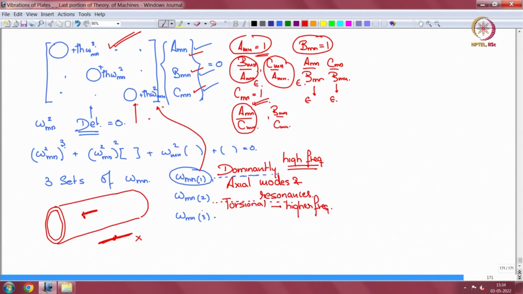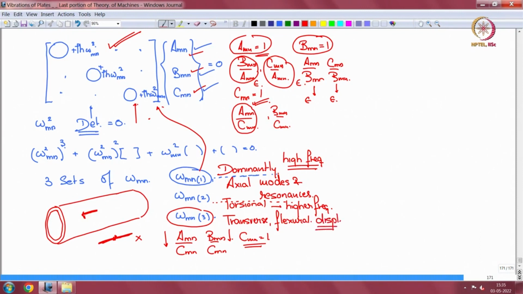Now the last set. If you do this, you will find that you look at Amn by Cmn and Bmn by Cmn. These will be small quantities. And then Cmn will be of order 1. Then these are dominantly radial or transverse or flexural, as we call it, that is bending dominated, flexural, transverse, radial displacement natural frequencies.